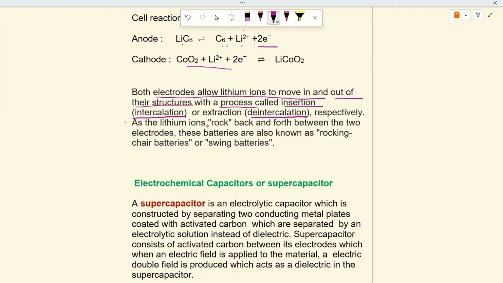So, the lithium ions rock back and forth between the 2 electrodes, and these batteries are also known as rocking chair batteries or swing batteries, moving to and fro. Okay.